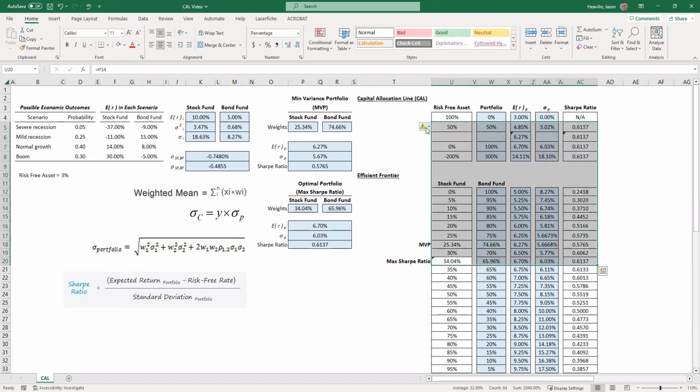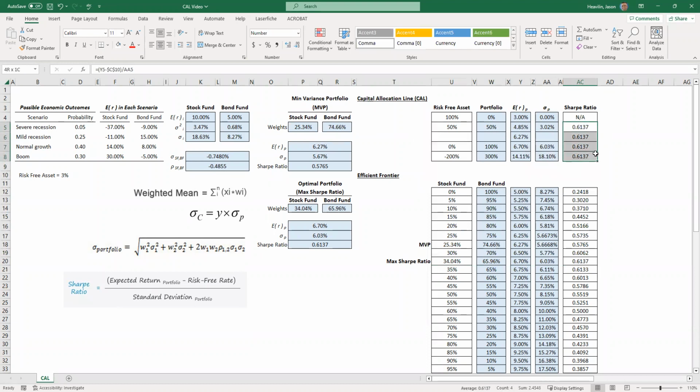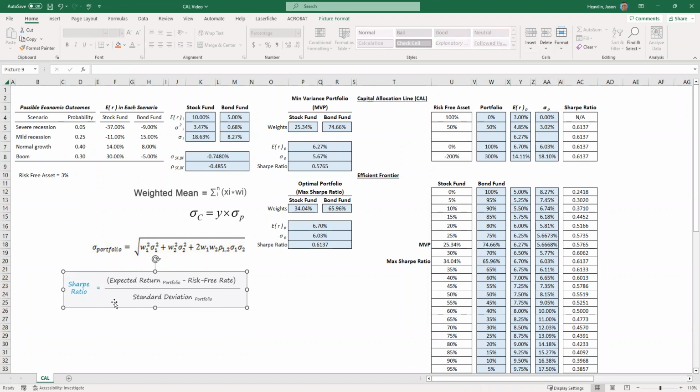Let me ignore these errors, because that's the rule in this situation. So if we have the returns and we have the Sharpe ratio, we can then find out the standard deviation that belongs to that. And what we do is we grab this formula and we turn it around. So if I want standard deviation, what I gotta do is take this and divide it by the Sharpe ratio.